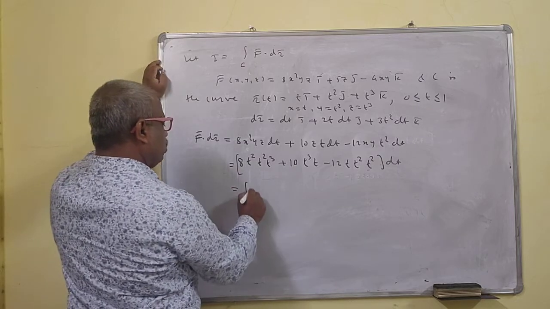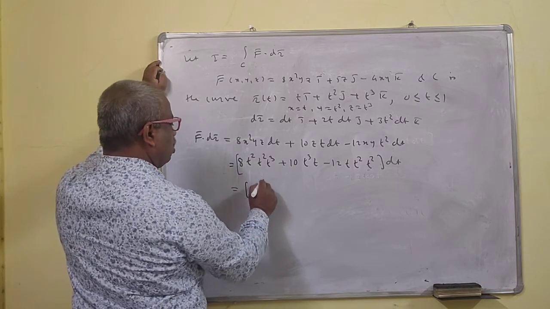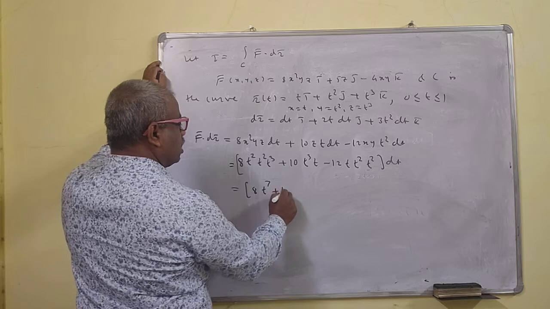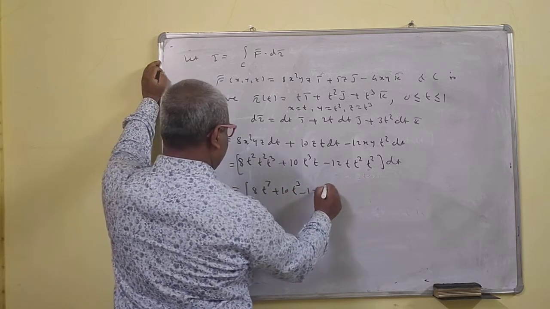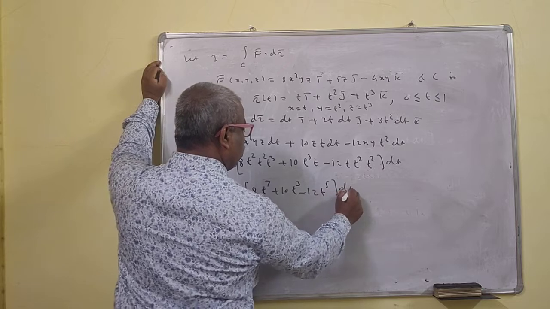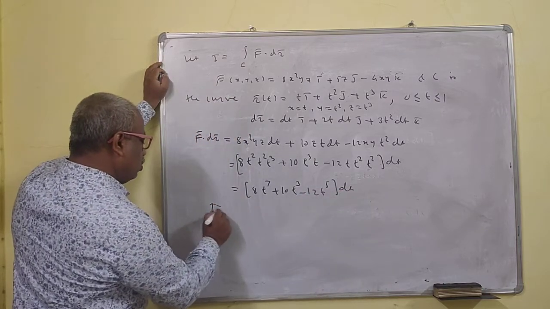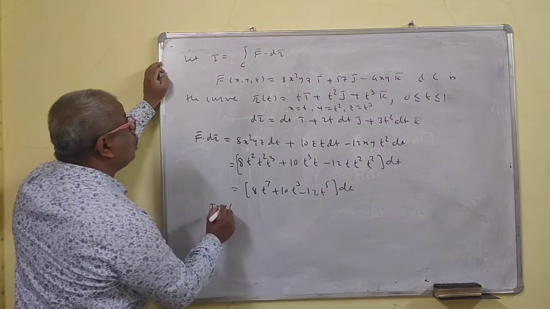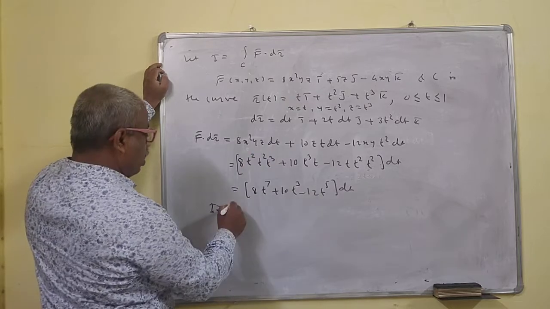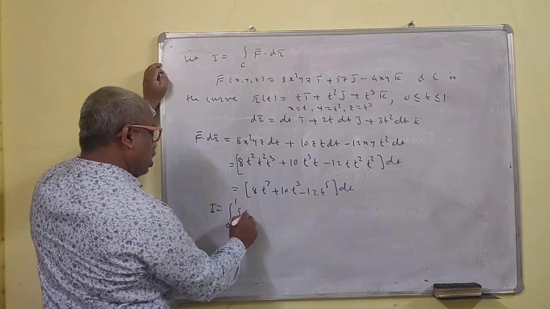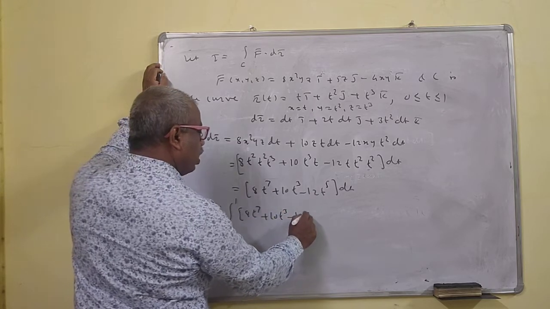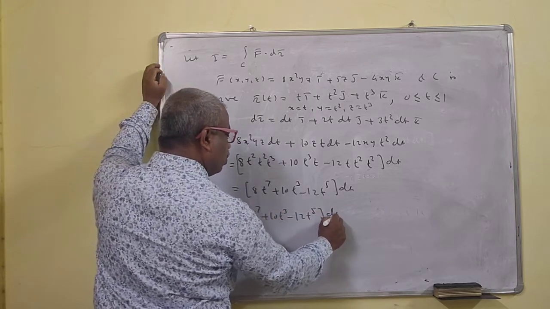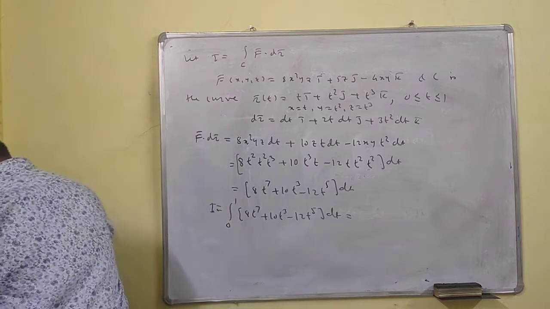So now this is 8 t raised to 7 plus 10 t cube minus 12 t raised to 5 dt. So I is equal to integration from 0 to 1 of 8 t raised to 7 plus 10 t cube minus 12 t raised to 5 dt.